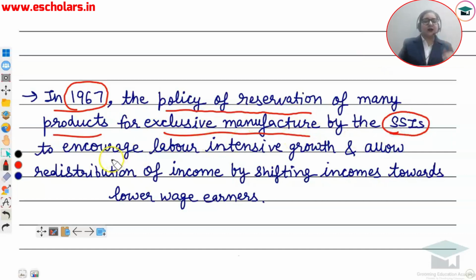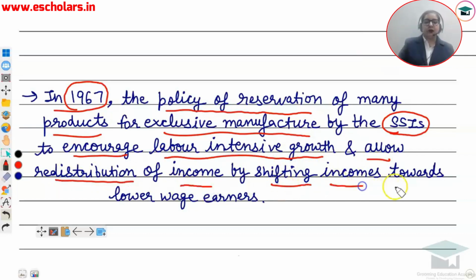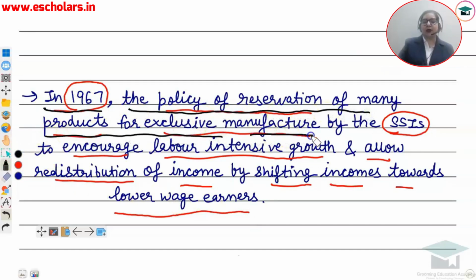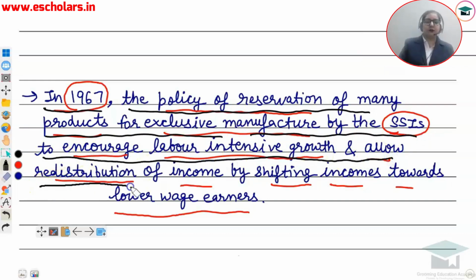So it was done in 1967 to encourage labor-intensive growth and to allow redistribution of income by shifting income towards lower wage earners. So let's recall it till now. In 1967, the policy of reservation of many products for exclusive manufacture by the small-scale industries to encourage labor-intensive growth and allow redistribution of income by shifting incomes towards lower wage earners.